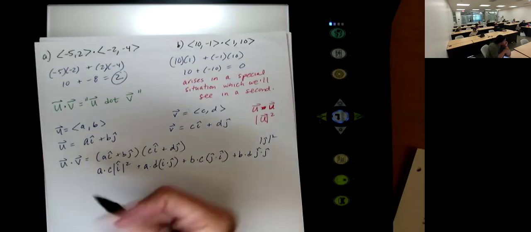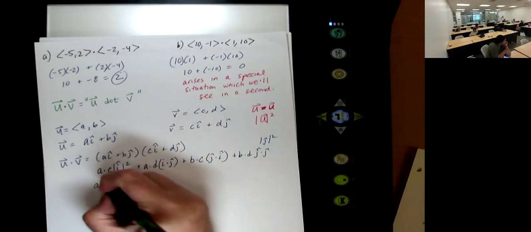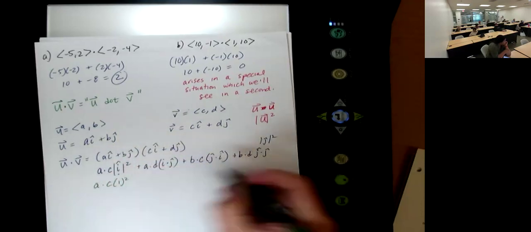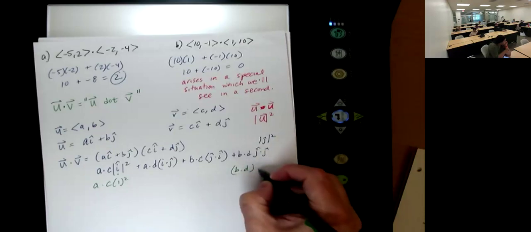So the magnitude of i squared, we already talked about this, the magnitude of i was 1. And j had a magnitude of 1, it was a unit vector.